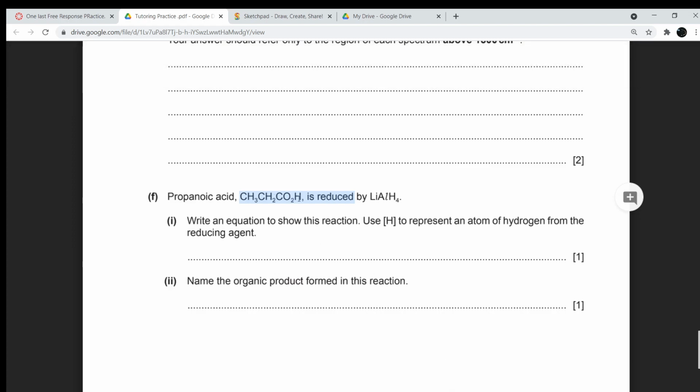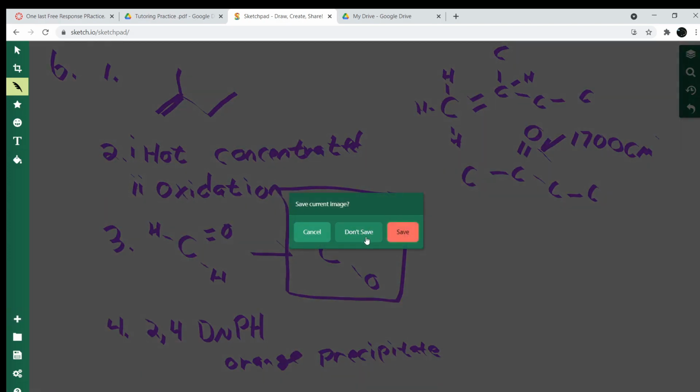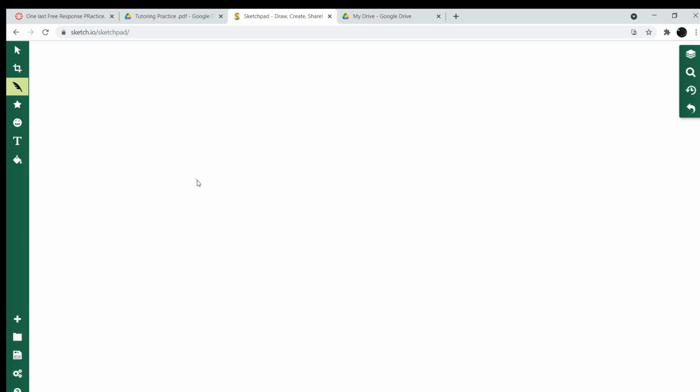When we reduce this, we're not adding any other carbons, so we can't make it go to an ethene, but we can reduce it down to the most that we can, which is an alcohol. So we're going to reduce it down into an alcohol. This is our current formula. We're going to put the H inside, and we're going to take this and turn it into an alcohol.